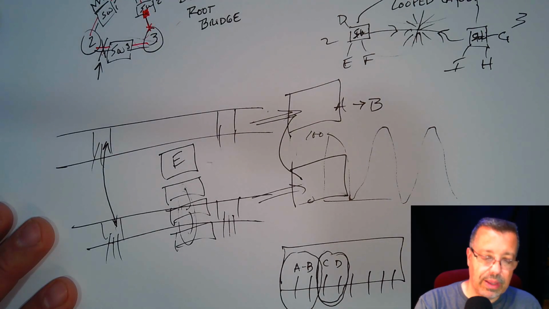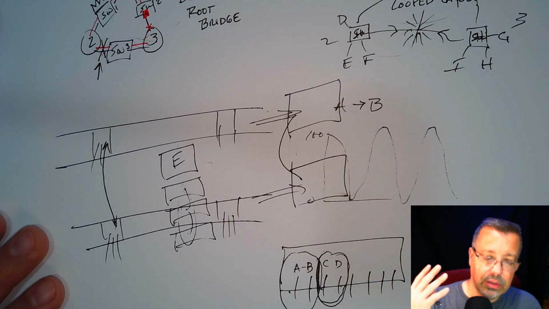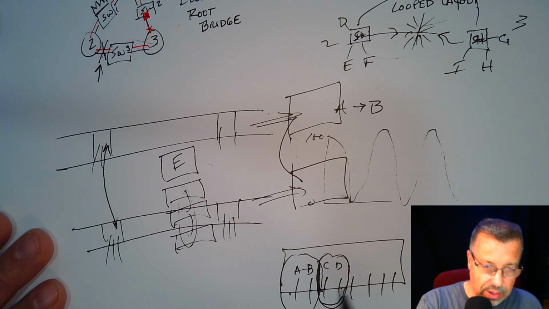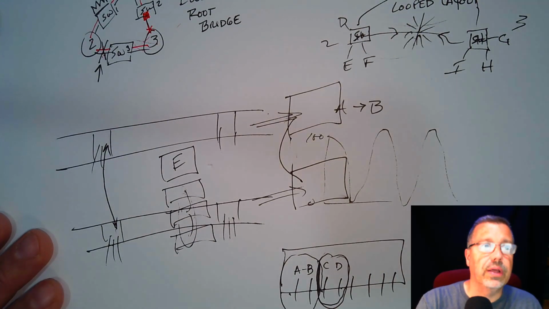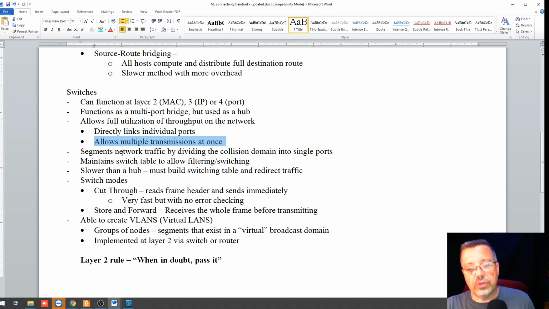Even with CSMA/CD and contention, the switch is going to filter that out. So the traffic from A is only going to go to this port, and the traffic from C is going to go to those 2 ports. So in this case, we actually could have 4 simultaneous conversations going on because of the way we could subdivide this. All right. And as I said, we're going to talk about that in just a couple minutes. It segments the network traffic by dividing collision domains into single ports.